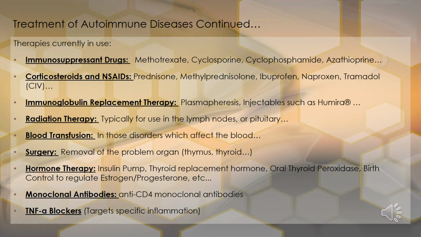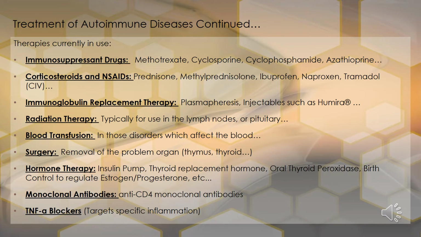Also see them prescribing a lot of corticosteroids and NSAIDs to help with the inflammation that comes as a result of autoimmune disease. This includes prednisone, methylprednisolone, ibuprofen, naproxen, and even tramadol if you're getting a lot of pain. There has been immunoglobulin replacement therapies such as plasmapheresis and injectables such as Humira, another example for rheumatoid arthritis.